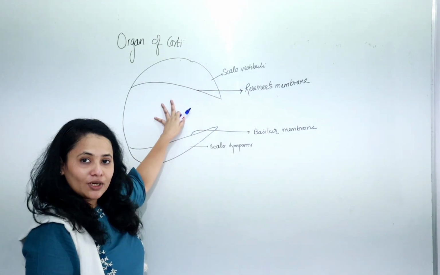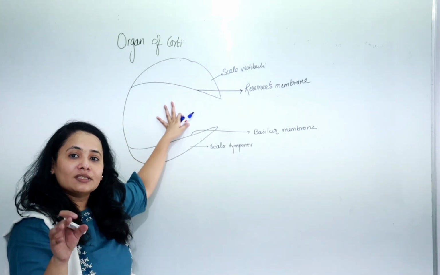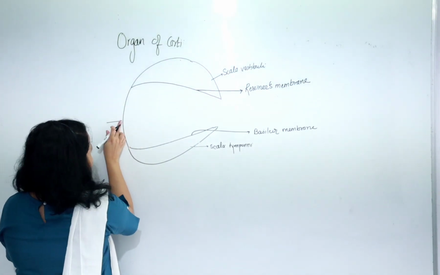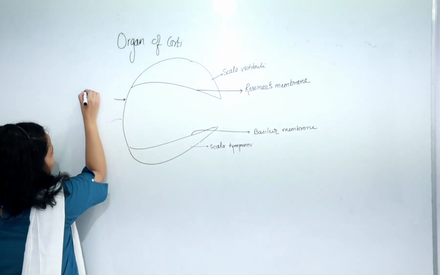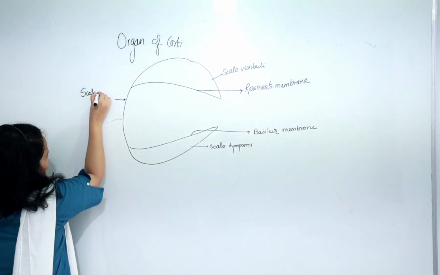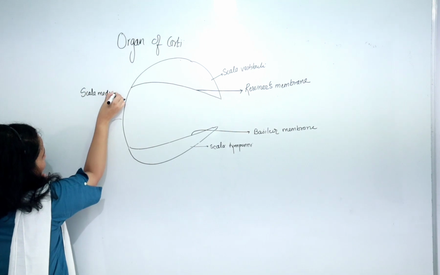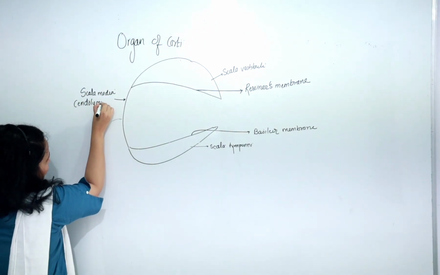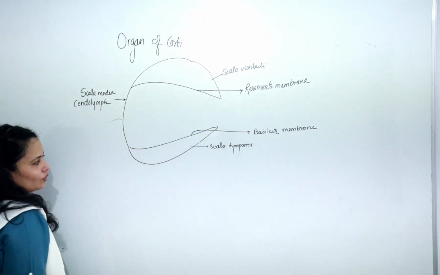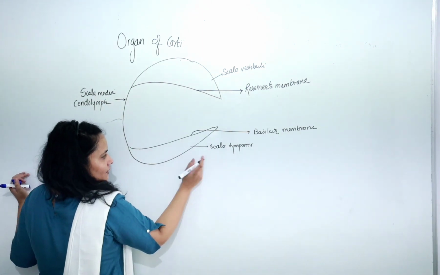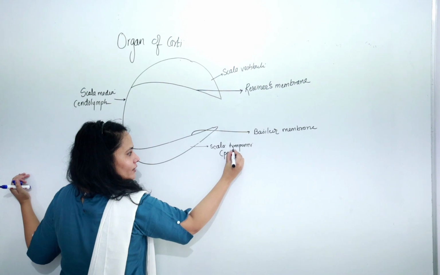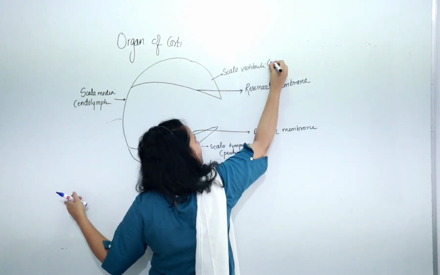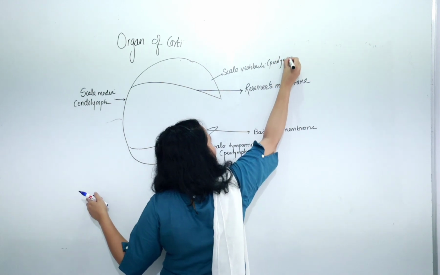And what lies in between? In between lies the scala media. Which lymph does it have? We have done it in the previous topic. It possesses endolymph. This has got perilymph, and this also has perilymph.